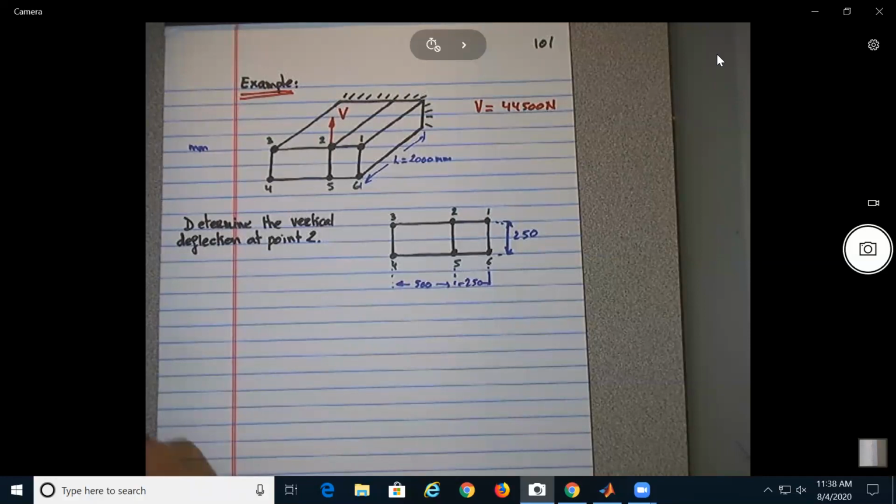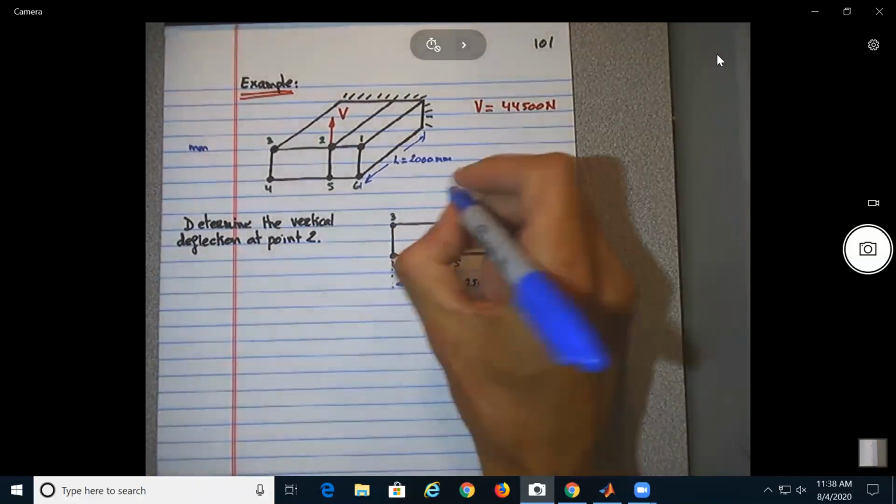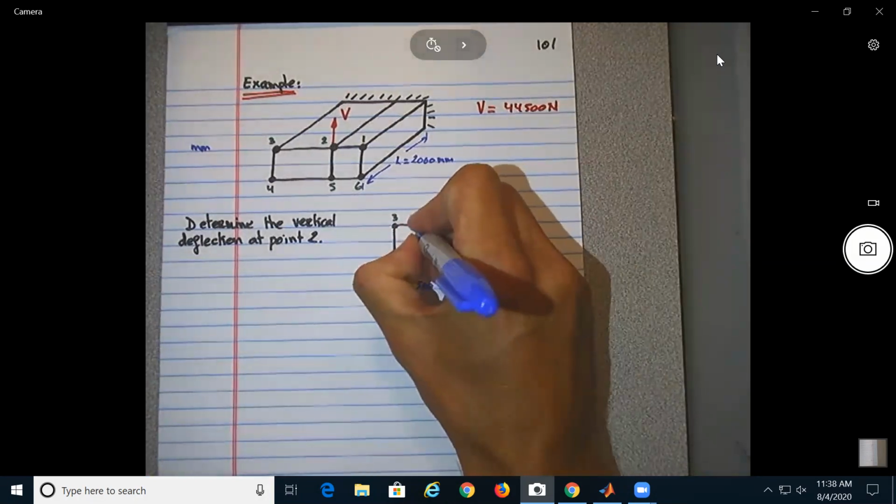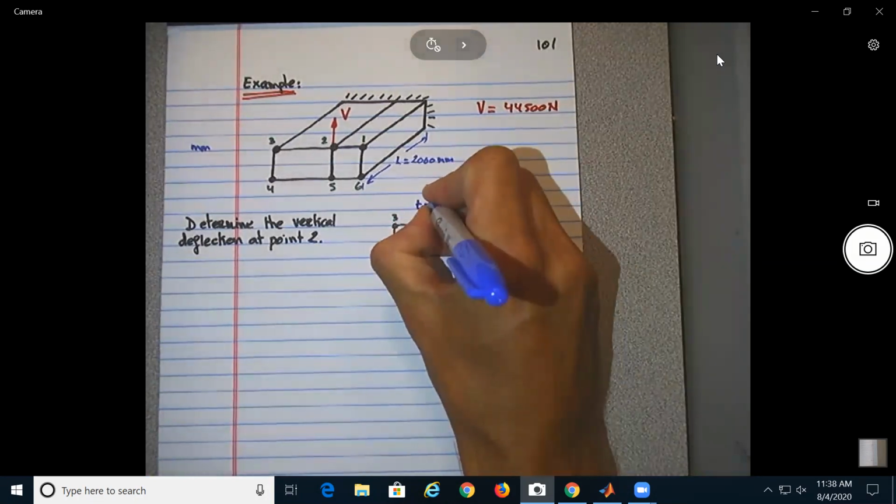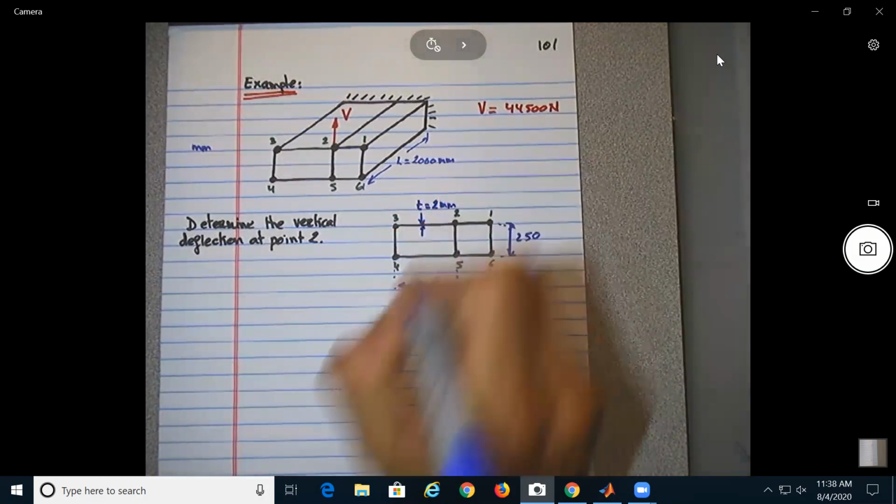Okay, and I need to add over here that the thickness of all the panels, t, is 2 millimeters.